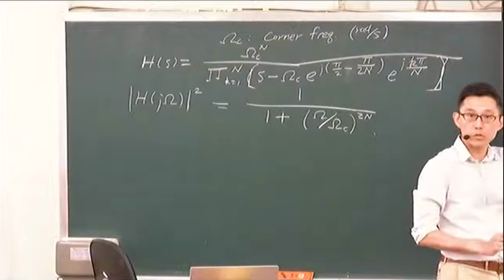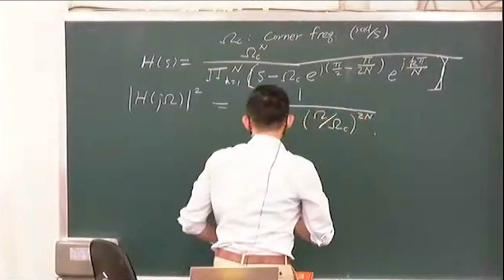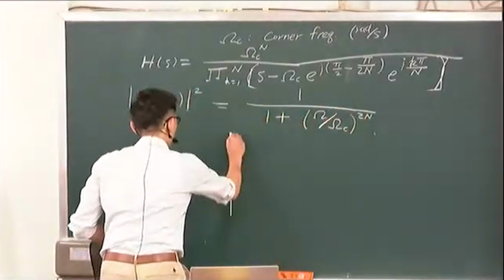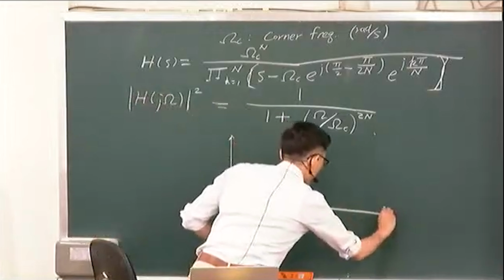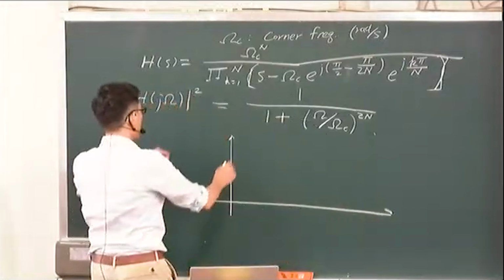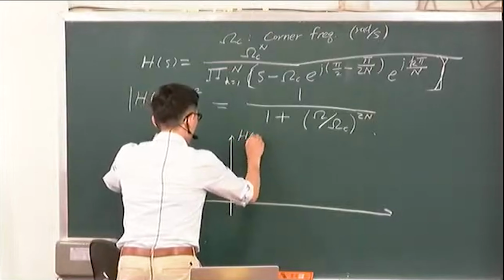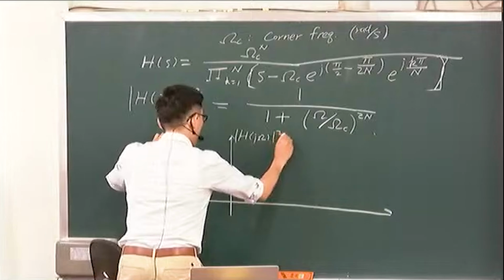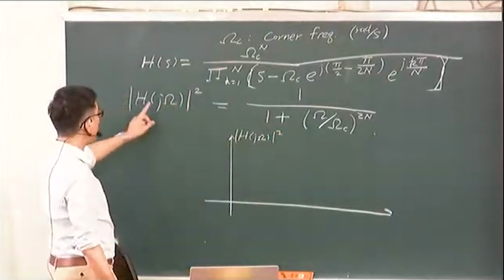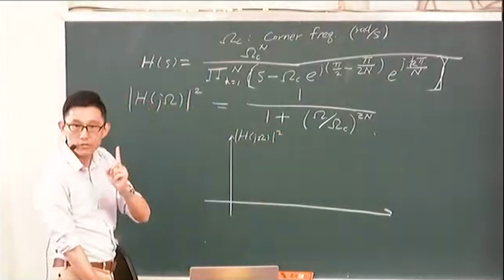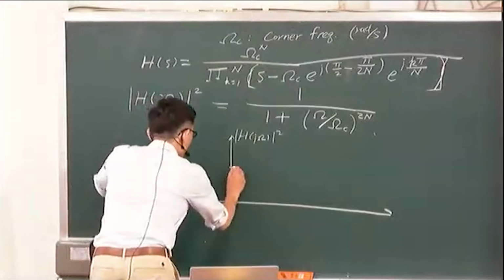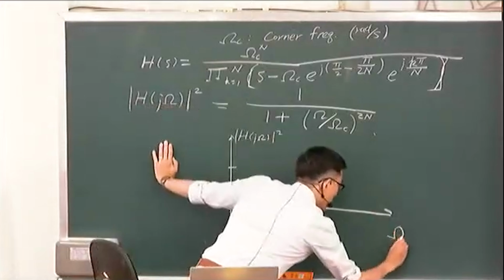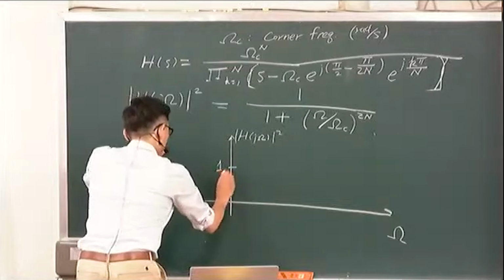Let's make a plot of the magnitude squared. When omega is 0, the response is 1. So at DC, the magnitude response is 1.